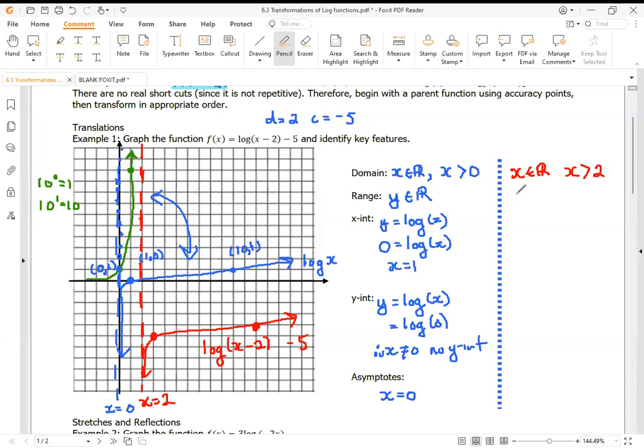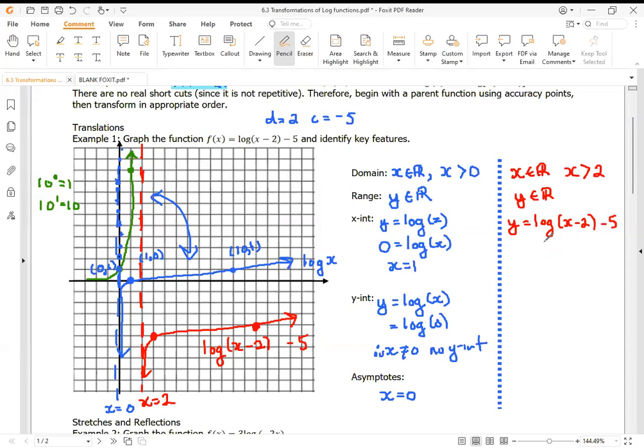For the range, I shifted down by 5 units, but that doesn't change my restrictions. It's still y belongs to the real numbers.